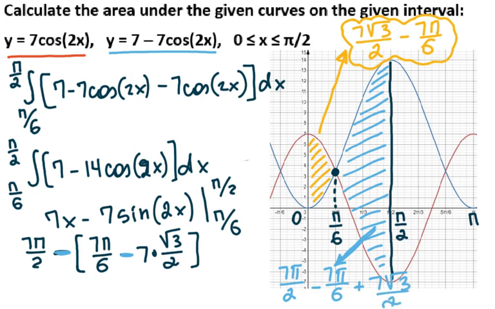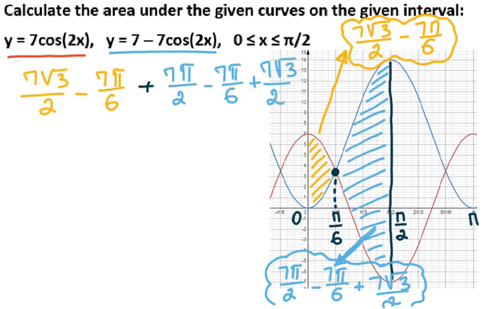And then I'm going to add these two areas, and that will be my result for the area underneath those two curves between 0 and pi over 2. I collect like terms. 7 square root of 3 over 2 plus 7 square root of 3 over 2 gives me 2 of them, which gives me 7 square root of 3.